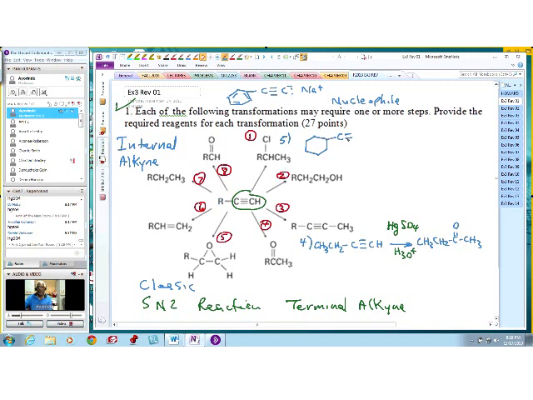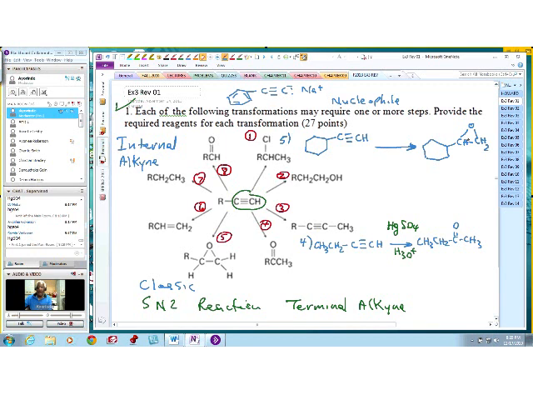So here, we have a carbon-carbon triple bond, and now they want us to make this epoxide here.